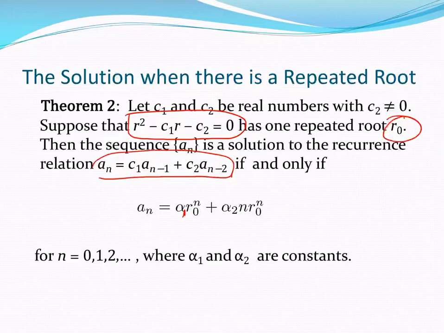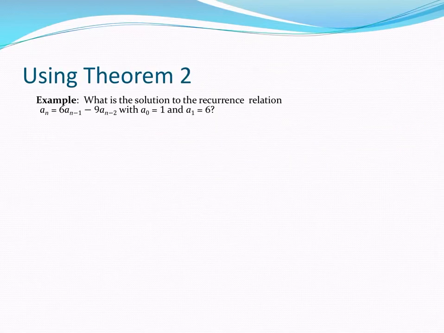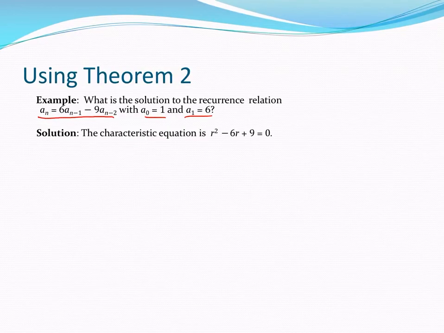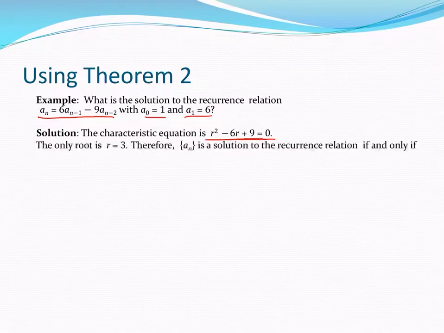So let's apply this theorem to a recurrence relation. Here I have a recurrence relation of degree 2. Here's my initial conditions. Take a look at the characteristic equation. And you'll see that if we try to find the root for that, that's r minus 3 squared equals 0.